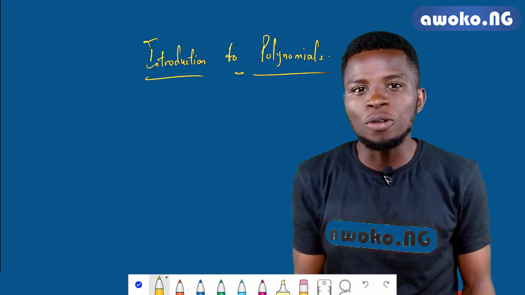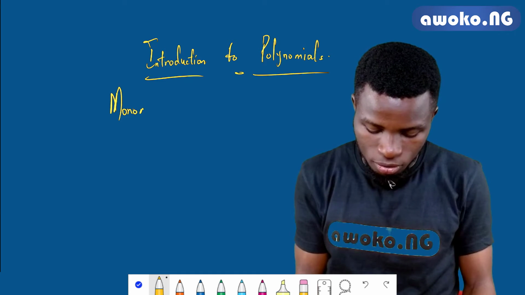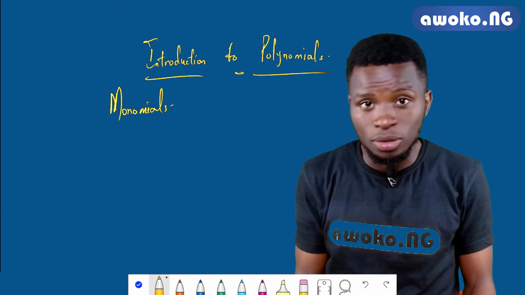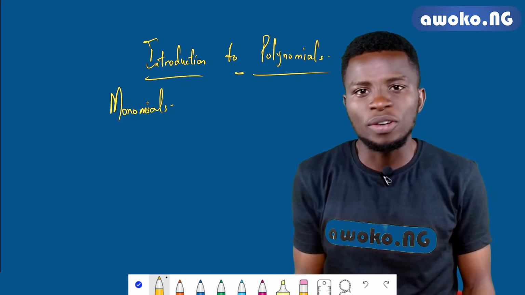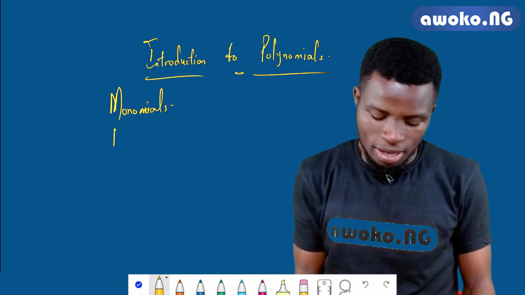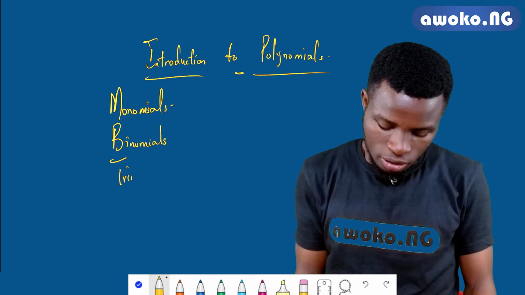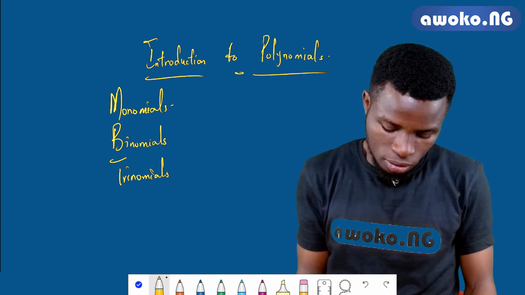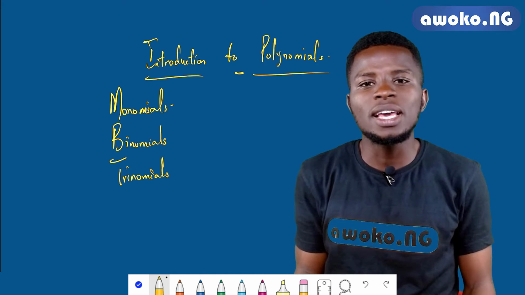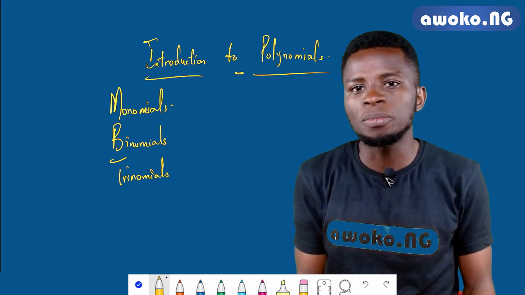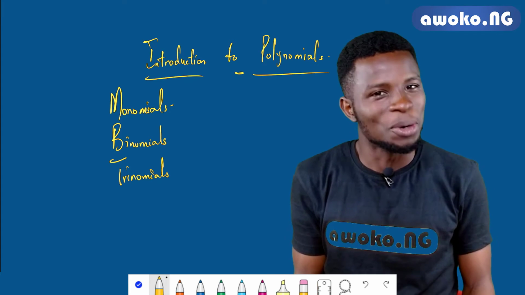The concept of monomials will serve as a building block for other concepts like the binomials, the trinomials, and so on and so forth, as they can all be derived from the monomials. The question is, what is a monomial?